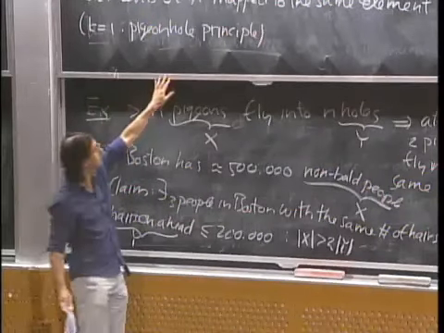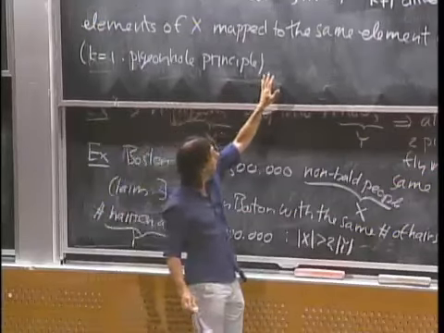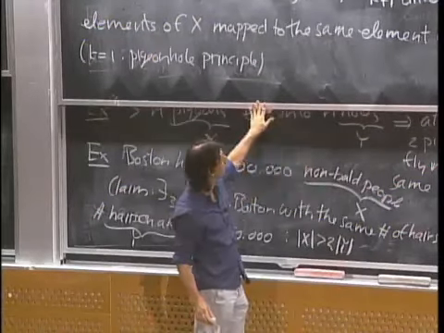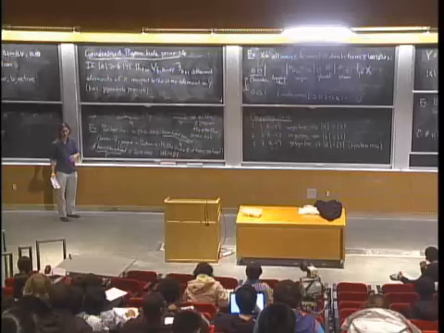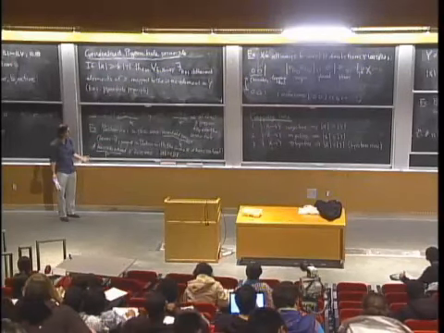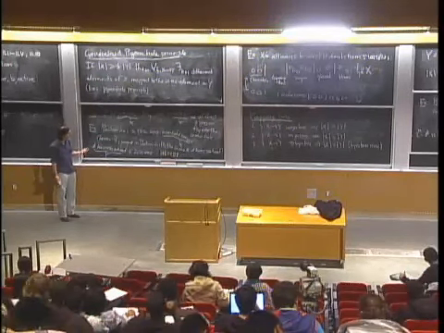So I know that by this particular principle, this particular mapping must have the property, because this holds for all mappings, that there are at least k plus 1, 2 plus 1, 3 different people in Boston out of this set X that are mapped to the same element in Y. That means that they have the same number of hairs on their head. So this is kind of really surprising. We can make a statement without really inspecting every single person's head, but we can still make a statement about the fact that there are 3 different people in Boston that have the exact same number of hairs.